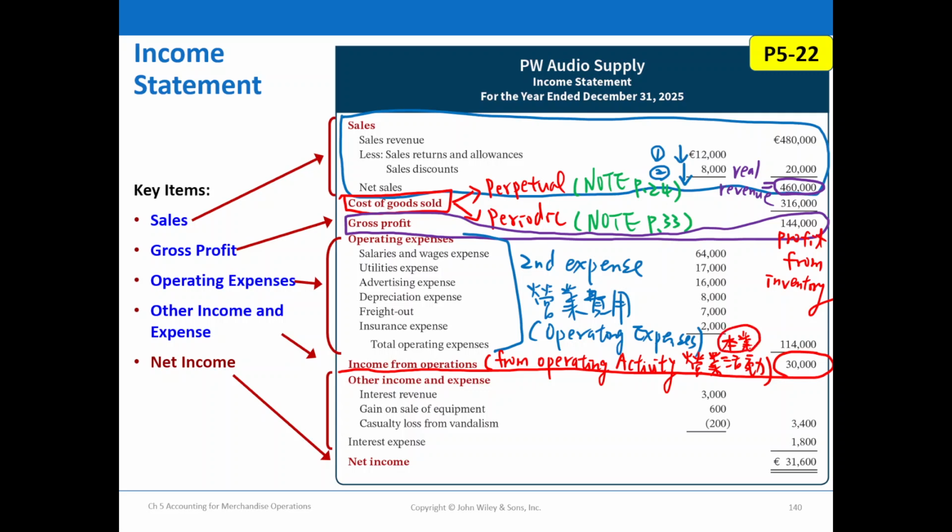Okay, so operating activity is the most important. We want to focus on operating activity for your company's business. What's the profit income we can get? After that, we will consider the other two activities, financing and investing.